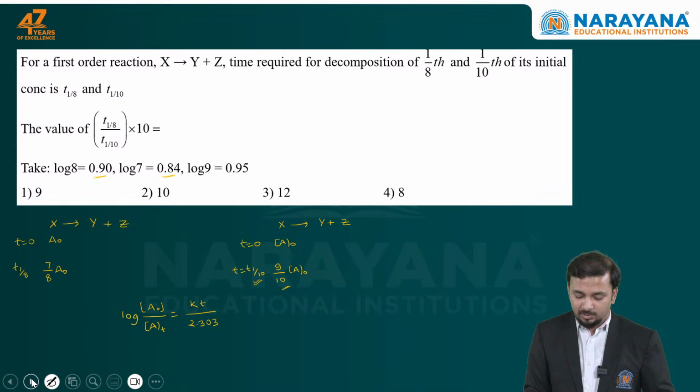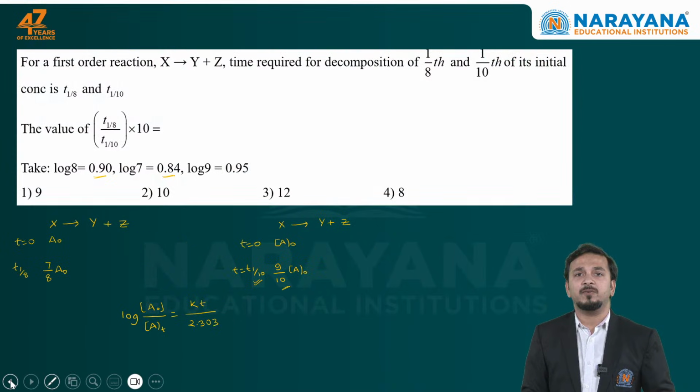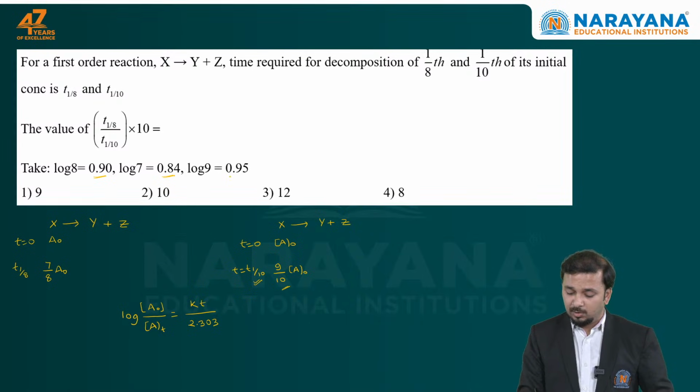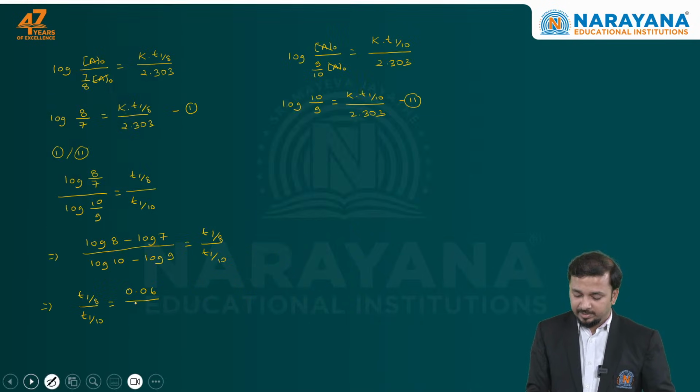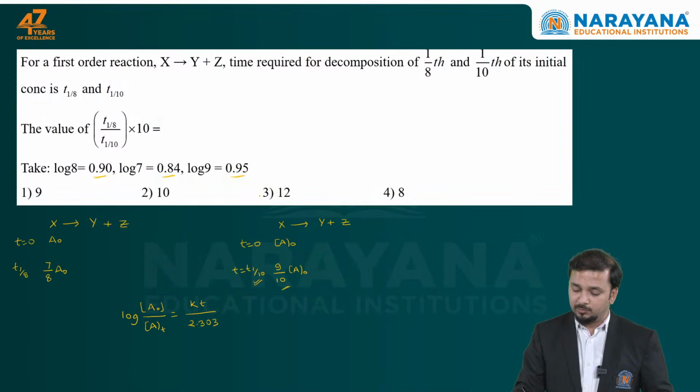So log 8 minus log 7 will be 0.90 minus 0.84, that is 0.06, upon log 10 which we know is 1, log 9 given is 0.95. So I can write this as 0.05. On simplifying this will become 6 by 5. Now they're asking us to find T1 by 8 upon T1 by 10 into 10. So this will be equal to 6 by 5 into 10, which is equal to 12. So correct answer for this question is 3.